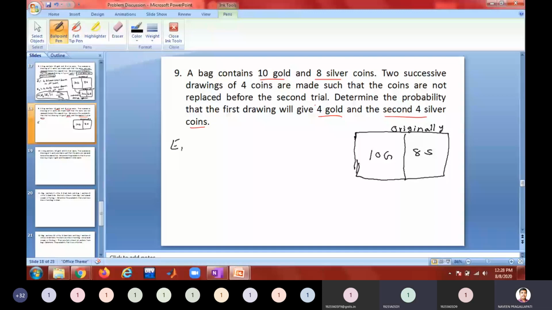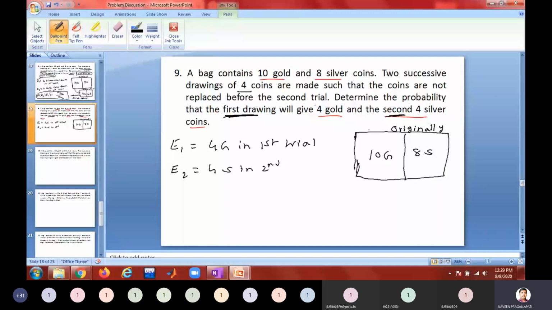E1 is 4 gold coins drawn in the first trial. And E2 is 4 silver coins drawn in the second trial.